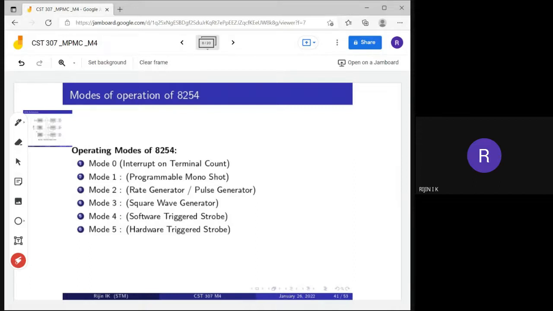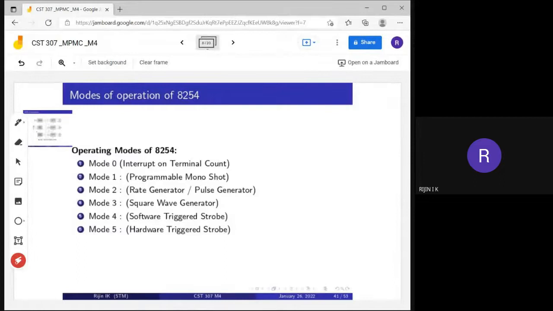To initialize a count, what are all the things we have to do? Initializing a counter is a two-step process. First we need to write the corresponding control word to the control word register.